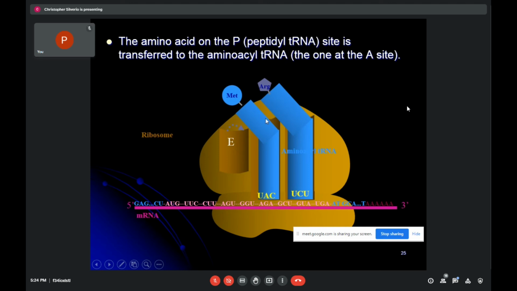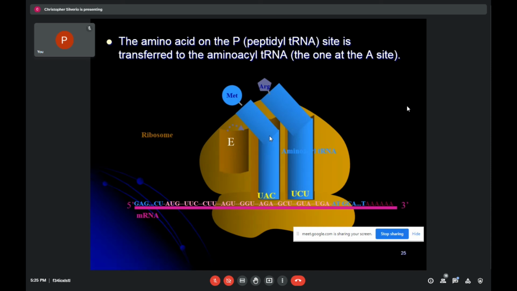You look at this now. Arginine now is positioned, this transfer RNA now is in the A site. And this one is in the P site. And this transfer RNA came from the A site, then moved to the P site.